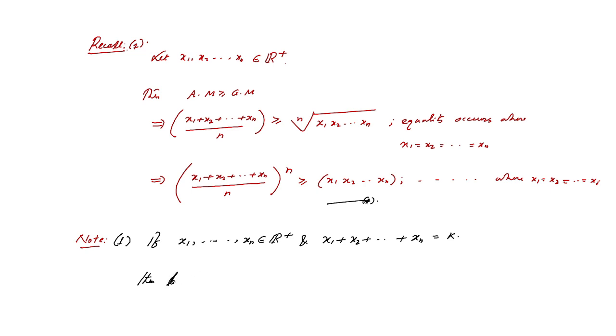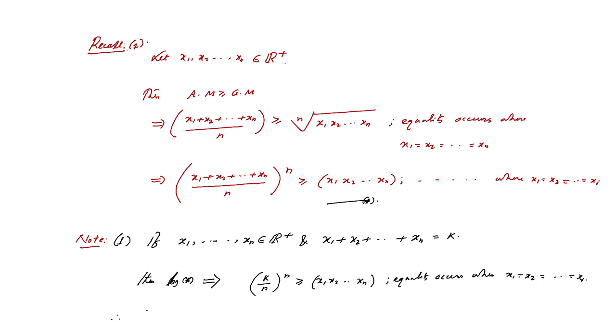then by star, that means arithmetic mean is greater than or equal to geometric mean. What we can write? We can write (k by n) whole to the power n, this value greater than x1 x2 xn. Okay. So an equality occurs when x1 equals x2 dot dot dot xn, all are equal.